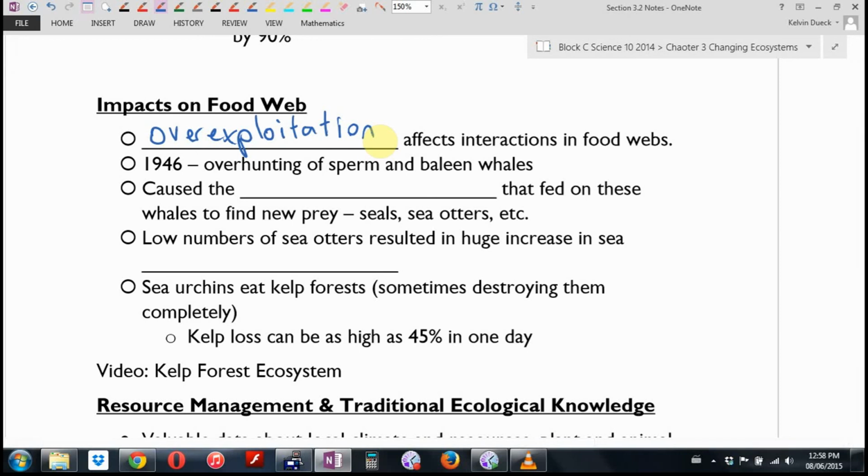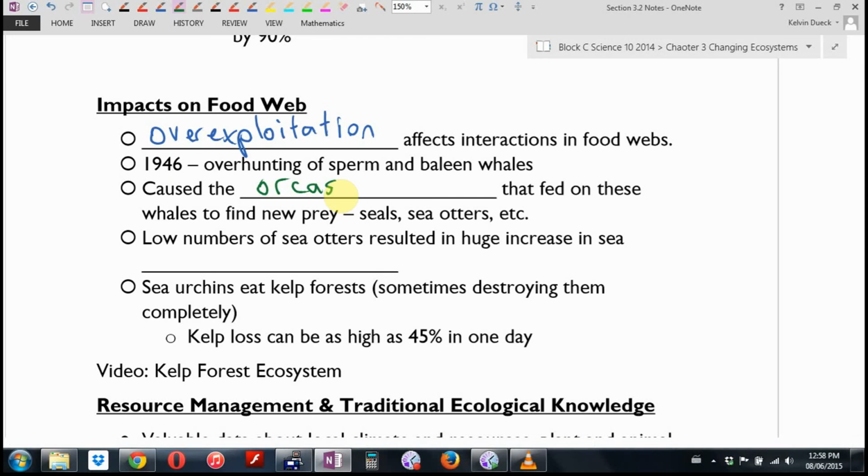And so killing all these whales, what happened then, we had removed a species from their niche. And so that caused the orcas that fed on sperm and baleen whales, because orcas are not whales, they're dolphins, and they eat other whales. Well, they still got to eat. So they found new prey, seals, sea otters, salmon, which we wanted to eat.